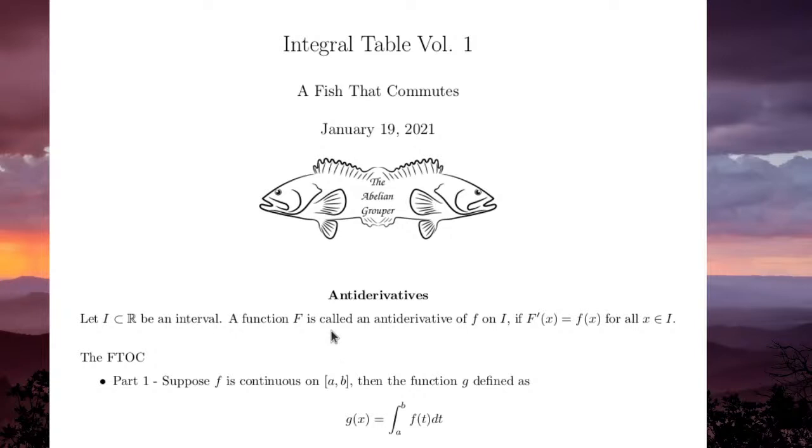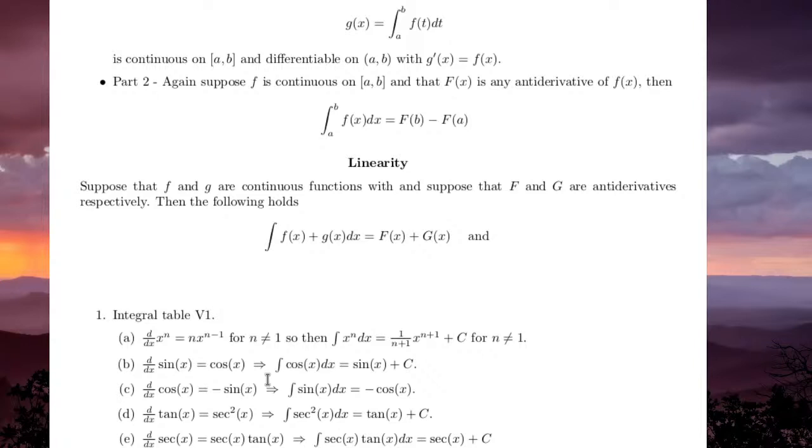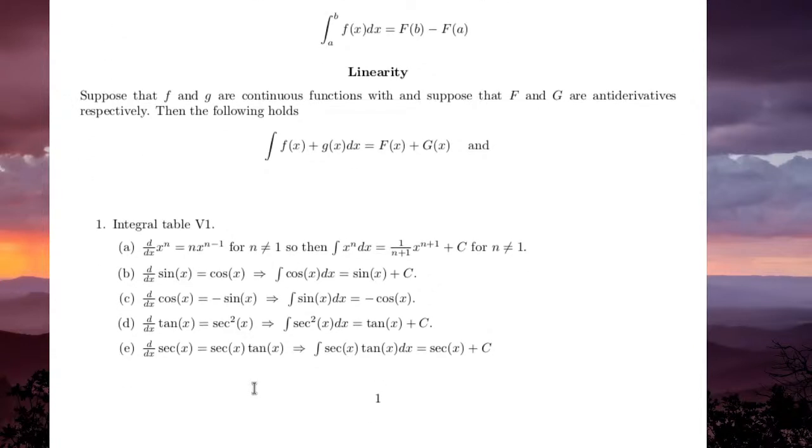But supposing we have one, it's an antiderivative if you take the derivative of big F and you get little f. It's the opposite of the derivative. That makes sense in terms of how we can start building up some knowledge about integrals. So for example, here's our first little integral table.